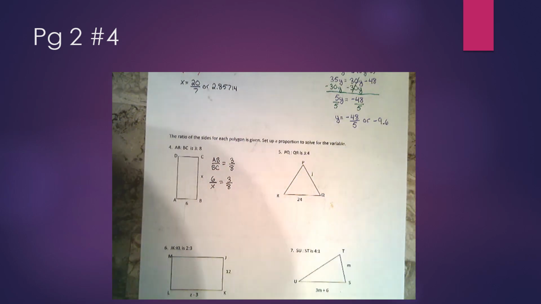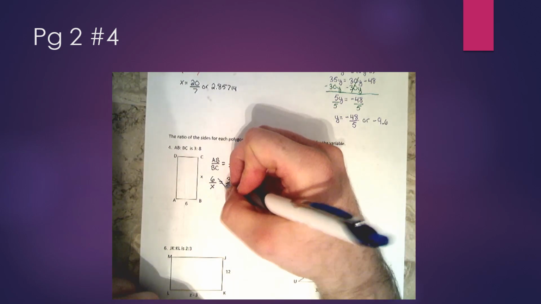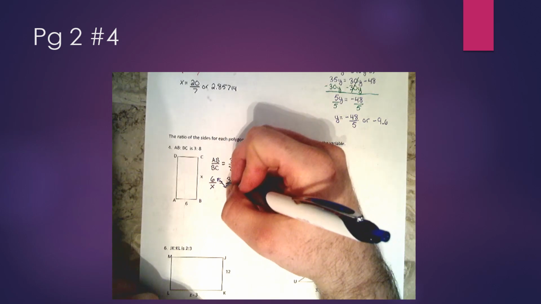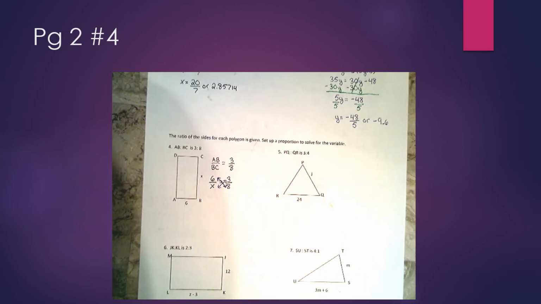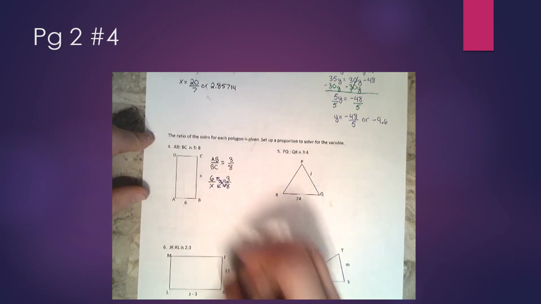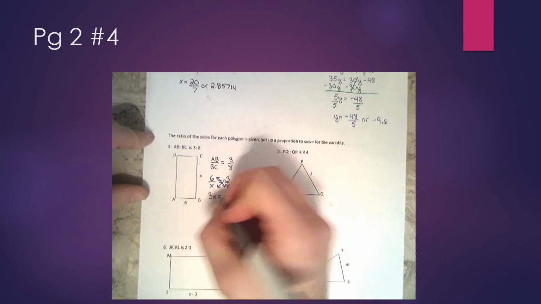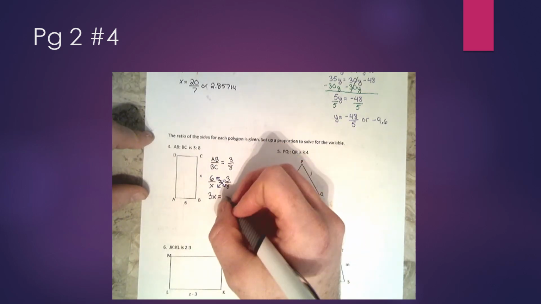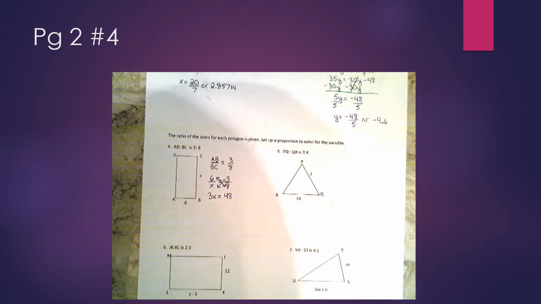Now I'm going to do my cross product, or cross multiplication. So I'm going to be doing x times 3 and 6 times 8. Well, 3 times x is equal to 3x, and 6 times 8 is 48. So now I have 3x equals 48.